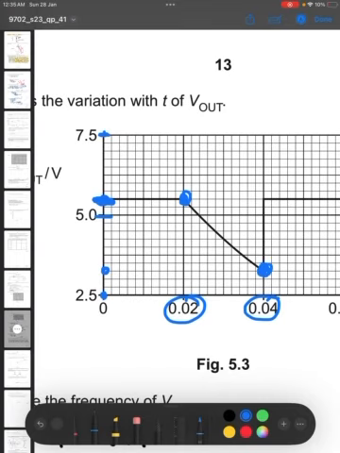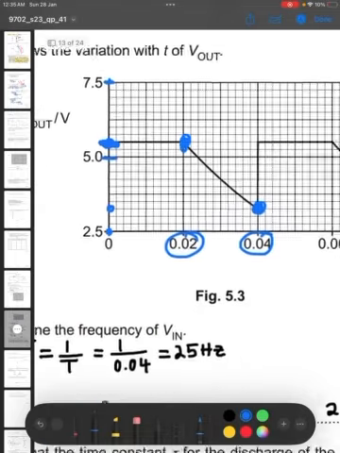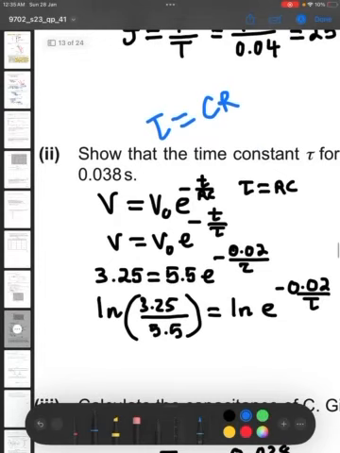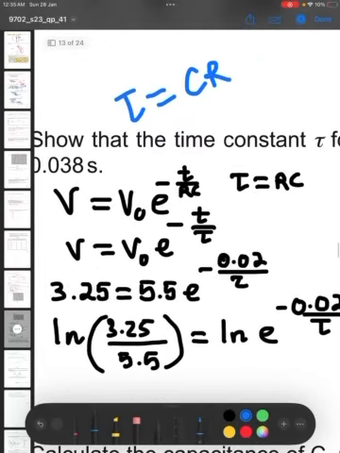So the final voltage after 0.02 seconds from the time we started to discharge is 3.25, from a voltage of 5.5. So this is the equation that we will use. The equation gives the voltage after a specific amount of time, where RC is the time constant and V0 is the initial voltage.